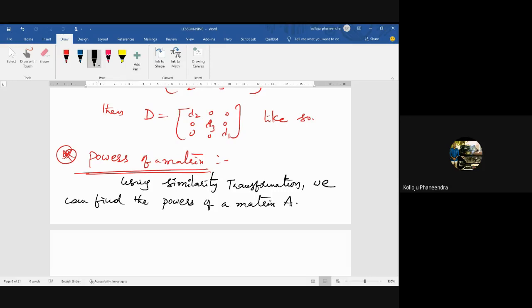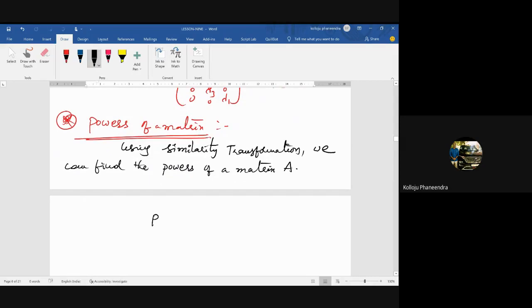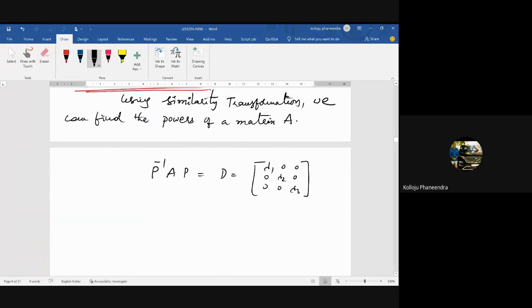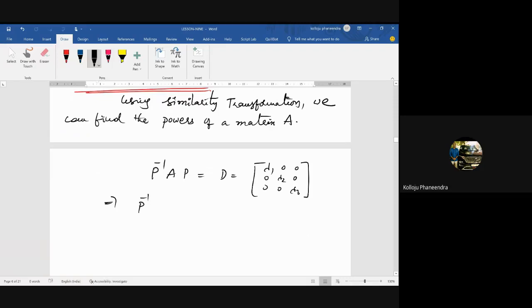See how it is possible. P inverse AP equals D. I need A, so let me pre-multiply by P, that is PD.